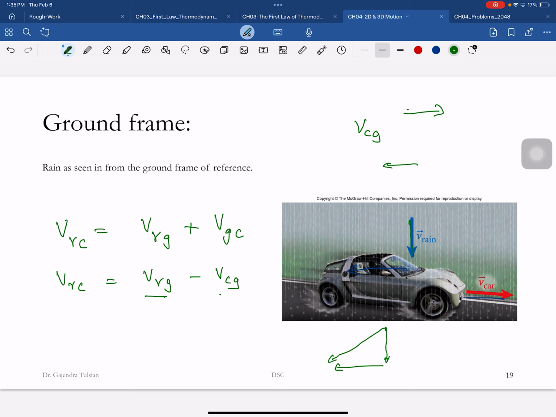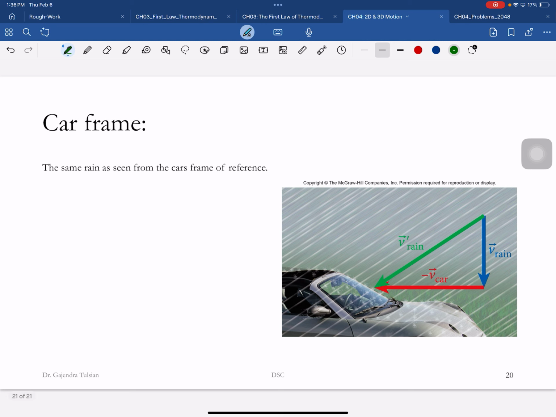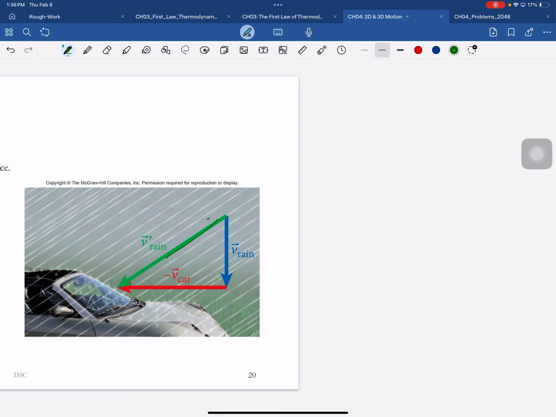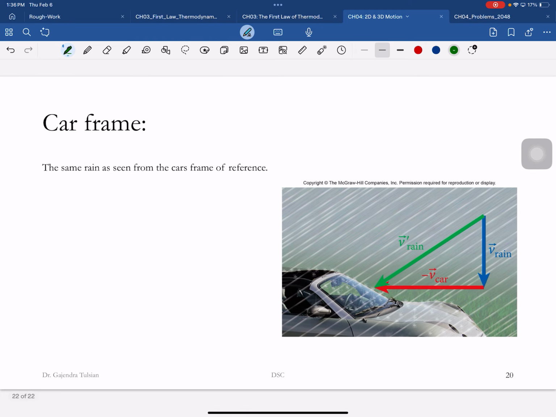And you intuitively knew this, so that's how the rain will appear to you. This will be the velocity of rain with reference to car. All right, that finishes this chapter. That's how the rain will appear to you in the car. Okay, so we will stop.